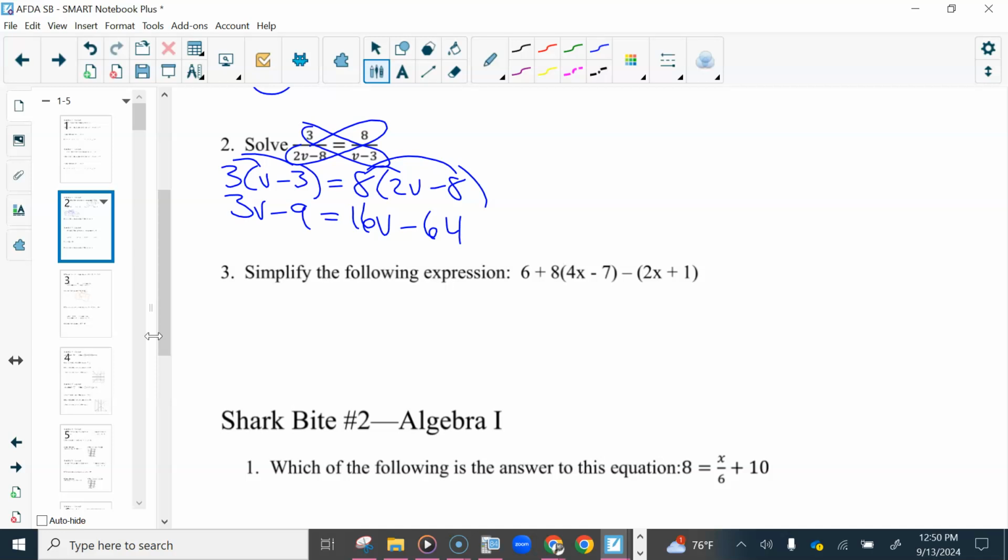Start to move whatever you want. I'm going to do this at the same time. Get rid of 3b by subtracting, and add 64. So that we get 55 equals 13b. And when you divide, you get some weird fraction.